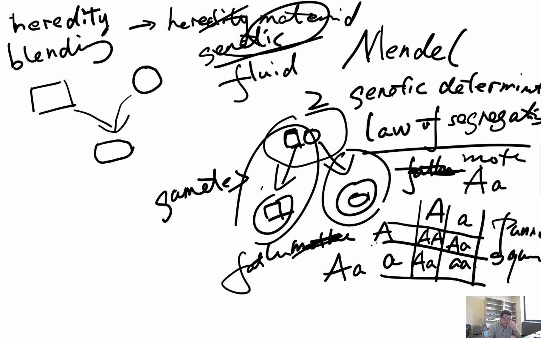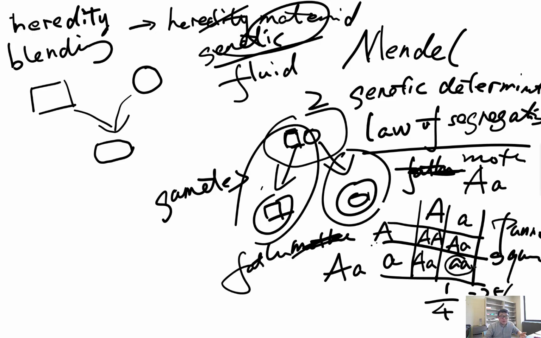In the table in between you just combine each of those. In this cell you combine the two capitals, and in this cell capital A and lowercase a. So what's the percentage that the kids will inherit both lowercase a? It is 1 out of 4, which is 25%, that the kids will inherit lowercase a from both parents.